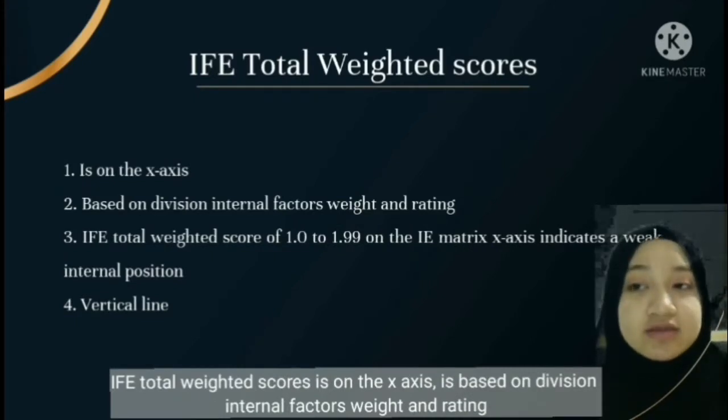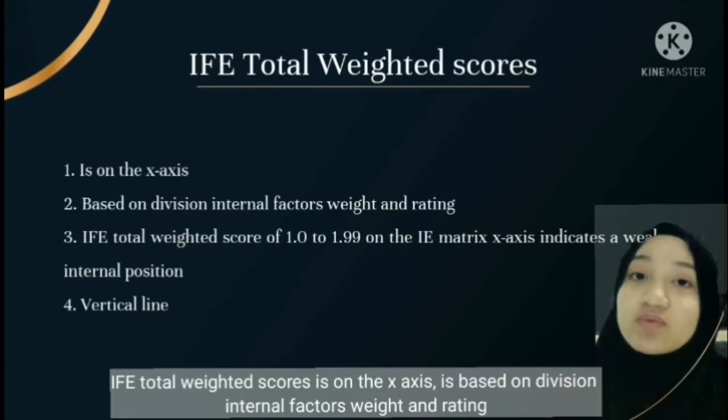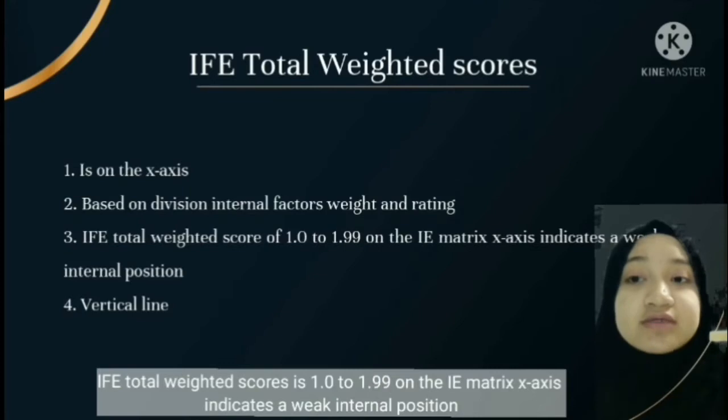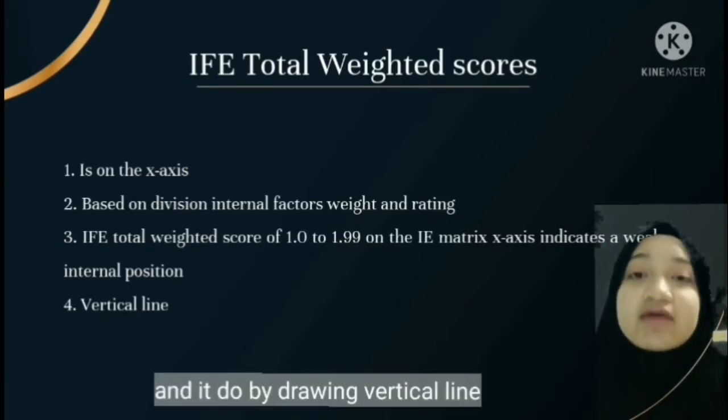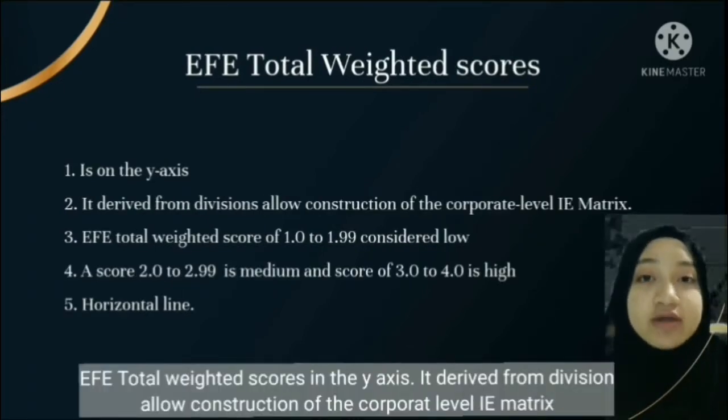The IFE total weighted score is on the x-axis, and is based on the division's internal factors, weights and ratings. An IFE total weighted score of 1.0 to 1.99 on the IE matrix indicates a weak internal position, and it is done by drawing a vertical line. The EFE total weighted score is on the y-axis.